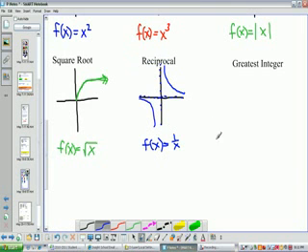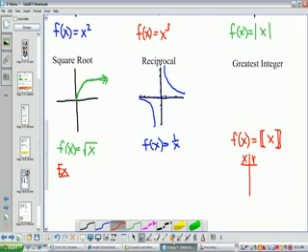Now, one that you might not have heard about before is the greatest integer. So I'm actually going to write it down and talk about this one a little bit more in depth. That cool symbol. So if I were to do 0, the greatest integer is 0.